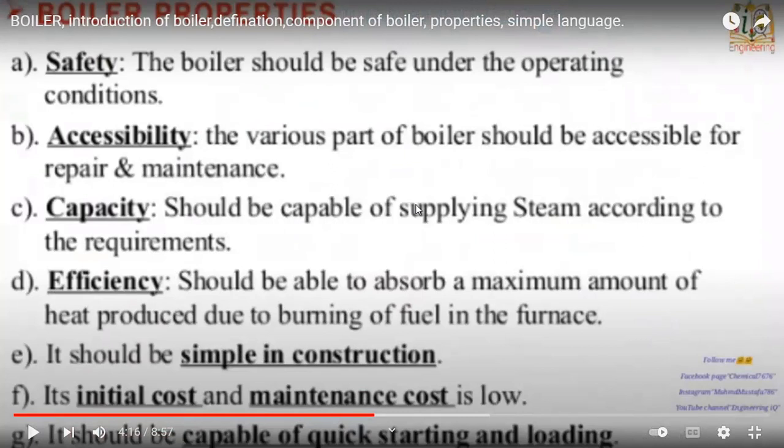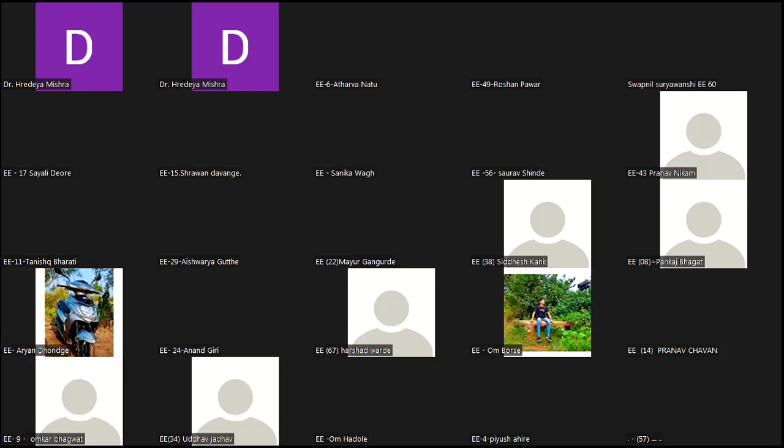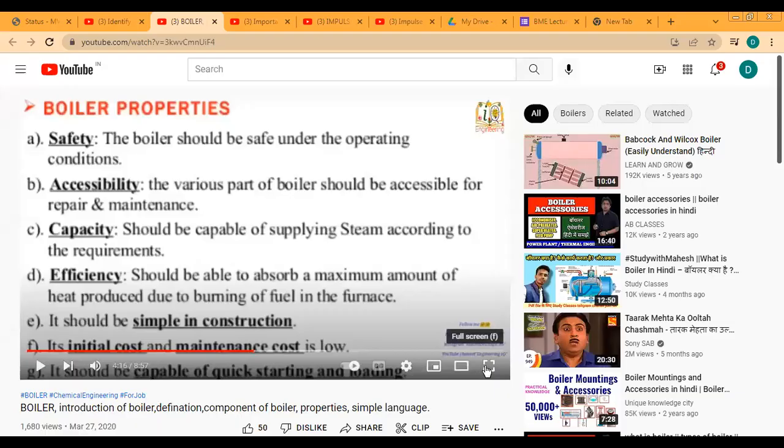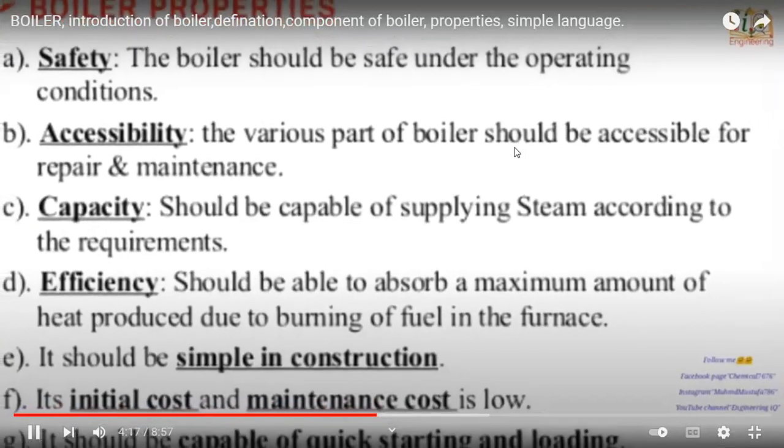Students, out of these seven main components, one more important component is there, that is the stop valve.